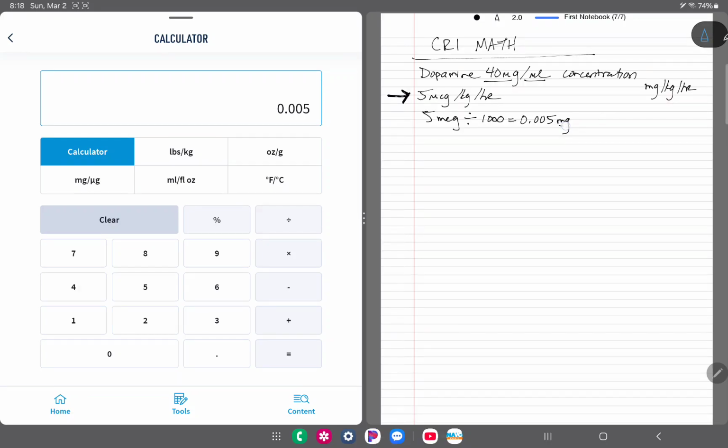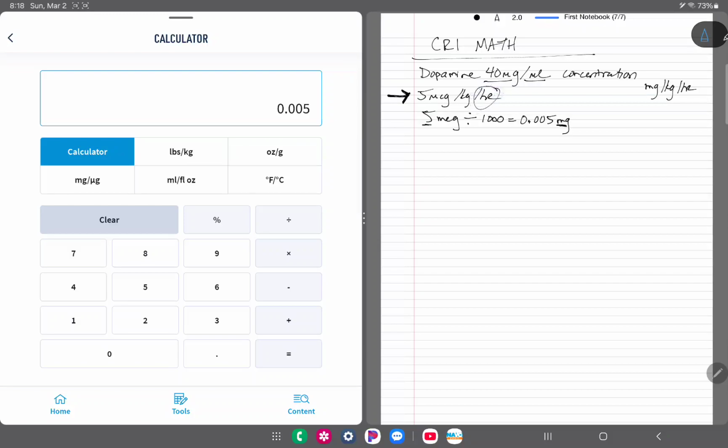So when you have a large chunk of milligram and you're only talking about 5 micrograms of it, that makes sense why there are so many tiny zeros and a decimal point, because it's a tiny chunk of this milligram that is going to be making up 5 micrograms. So that's why the milligrams look ridiculously small, but that's how it converts.